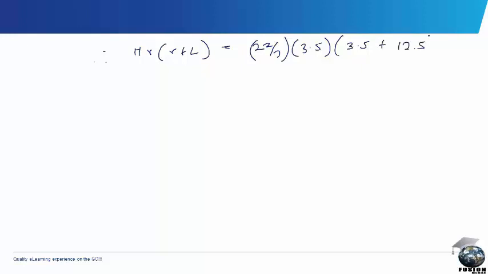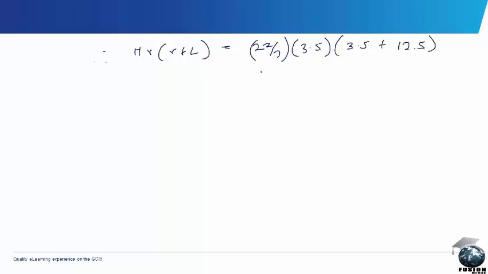Okay, now we have L, so we can compute the total surface area, pi r (r plus L). So pi r (r plus L), which is the total surface area, is equal to 22/7 times the radius 3.5 times (3.5 plus L, 12.5).